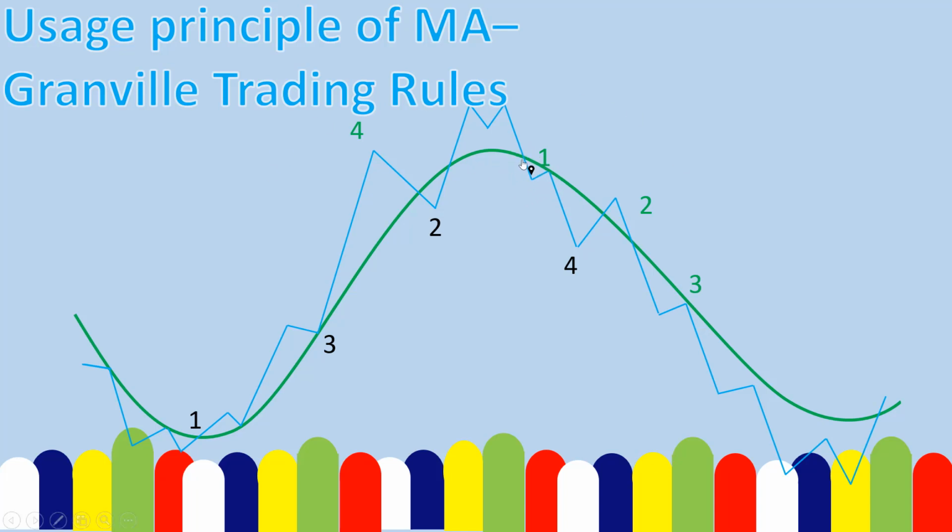So if you cannot manage to sell immediately at this high point, then you must sell when you see the price rebound to the MA. So here will be the sell point for you to sell your shares.